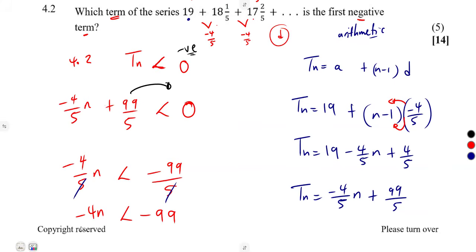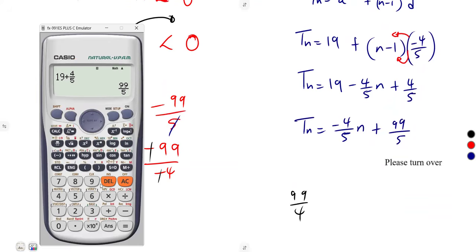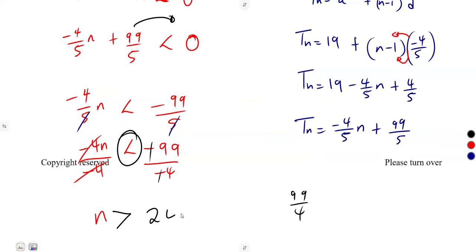To find the value of n, we divide by negative 4 on both sides. Dividing by a negative reverses the inequality sign. Remember, it reverses the inequality sign. So it is going to be greater than, negative and negative cancel, so that's 99 over 4. But 99 over 4 as a decimal is 24.75. So n is greater than 24.75.